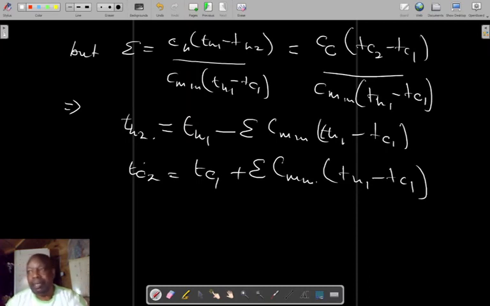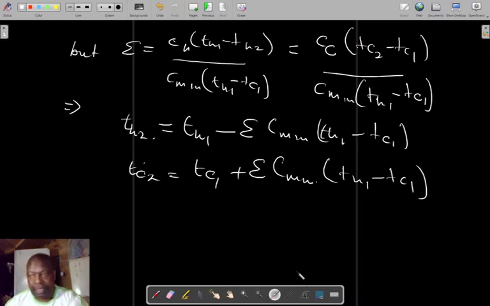That is by taking this expression there. So if you take this part of the equation and make TH2 the subject, you get that. If you take this part of the equation and make TC2 the subject, you will get that.